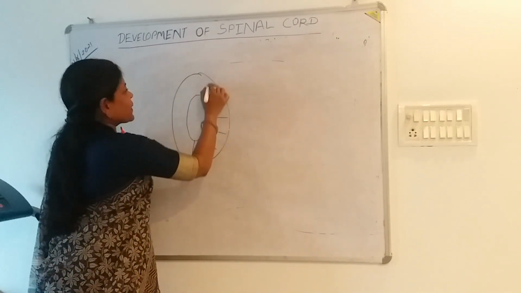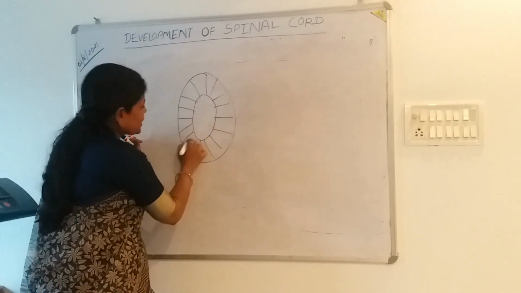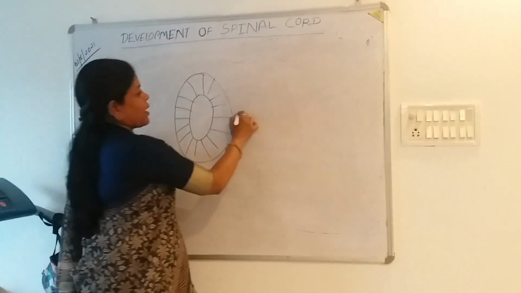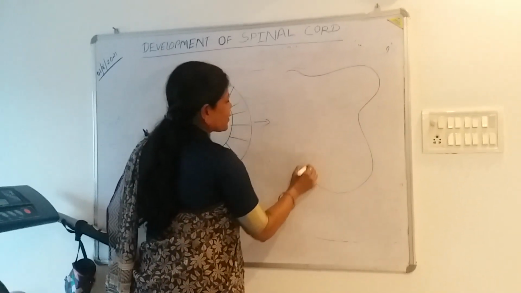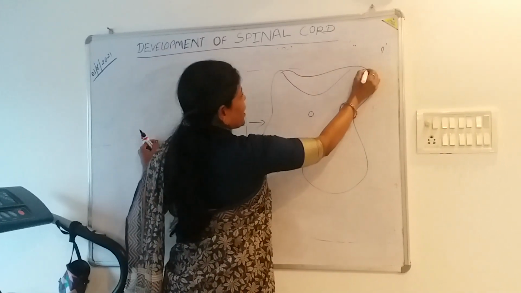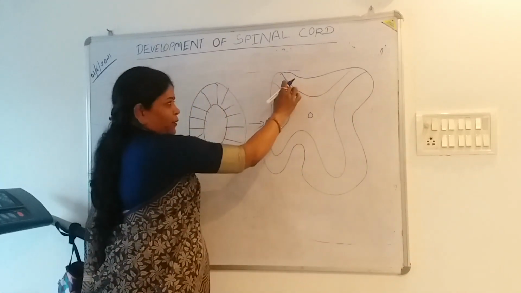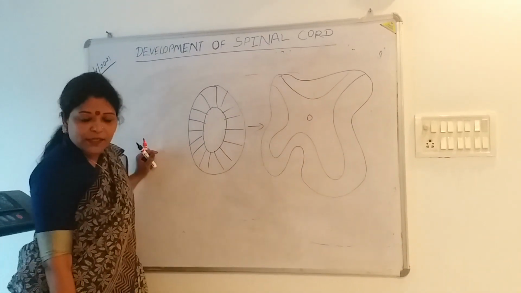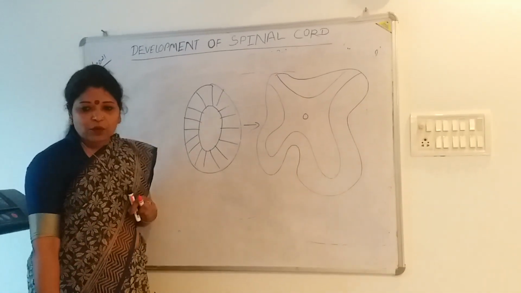So this is a neural tube. Now from this neural tube, the part which is developing here is the future spinal cord. Which part is forming the dorsal or sensory component, and which part is forming the motor component?